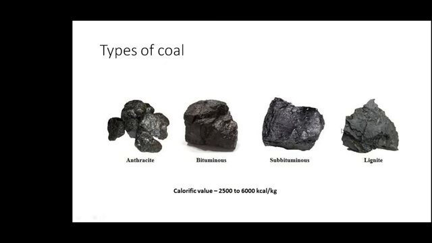This is the coal. Different types of coal are there, and you can see the oldest coal is anthracite. It remained a long period inside the earth, millions of years, so it's almost pure carbon. Then we have bituminous. It is somewhat high in carbon, but not as high as anthracite. Then we have lignite, a relatively young fuel.